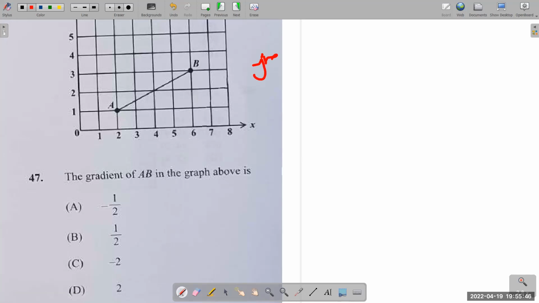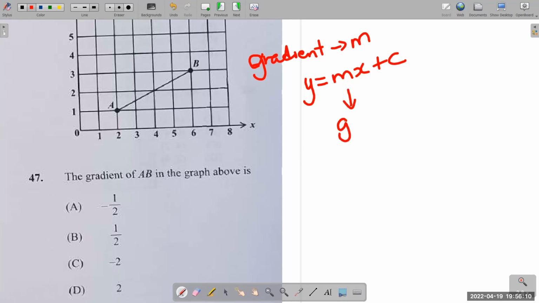Anybody remember what letter represents the gradient in the formula? Excellent, m. The straight line equation is y equals mx plus c. We need to remember m is the gradient.